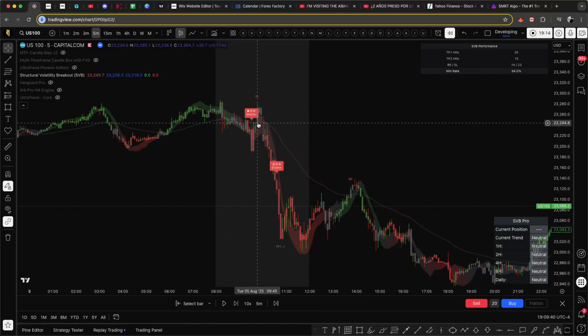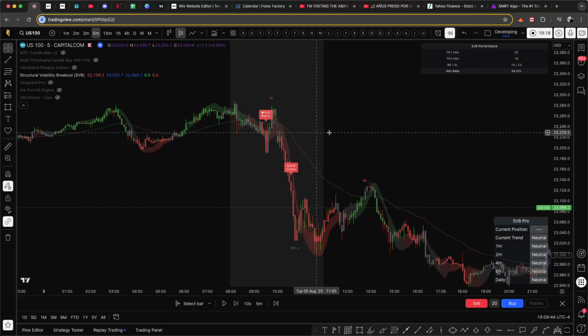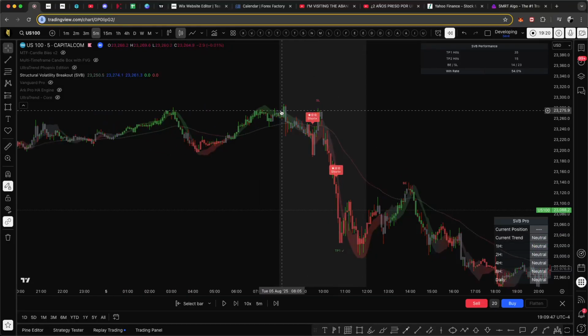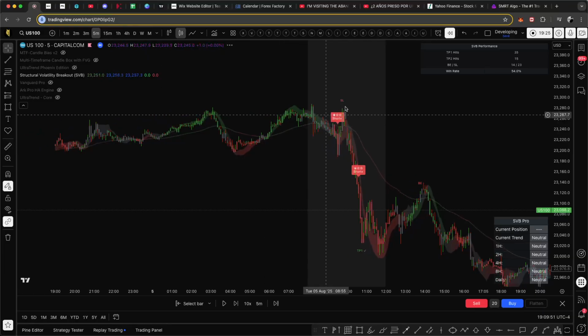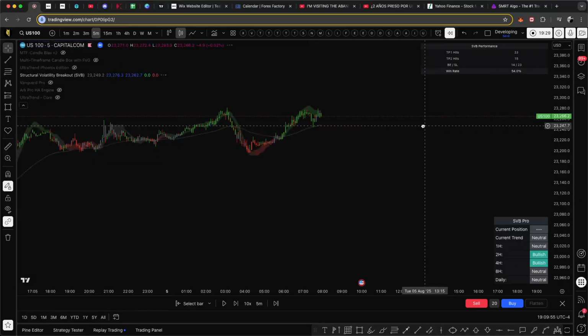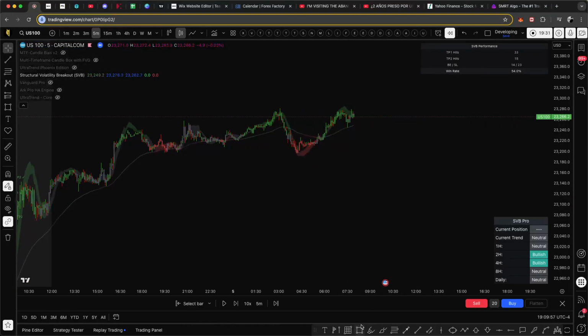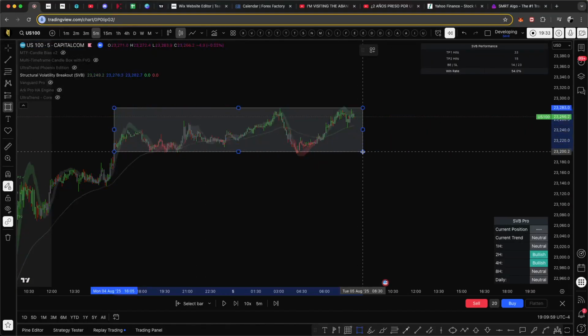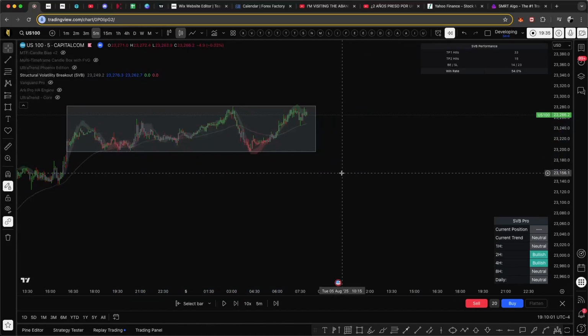Previous day, notice what happened right here. What day is this? This was yesterday, and notice what happened again. Price is literally moving sideways.